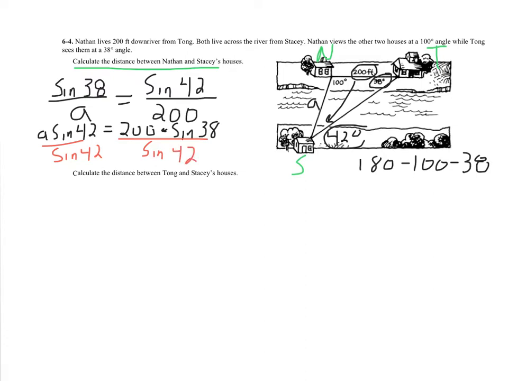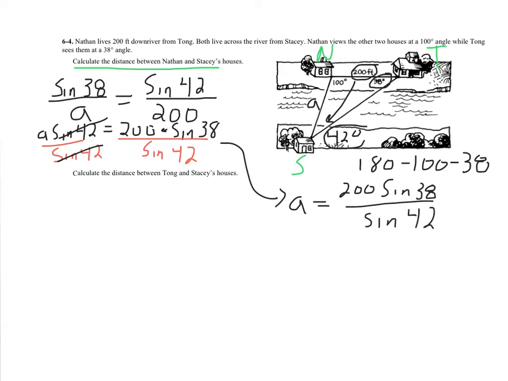And A equals 200 times the sine of 38 over the sine of 42.